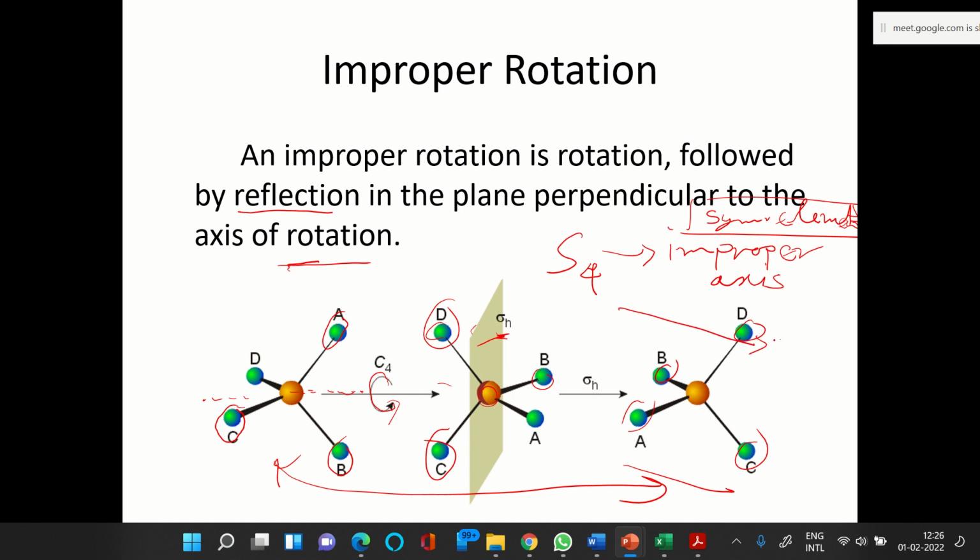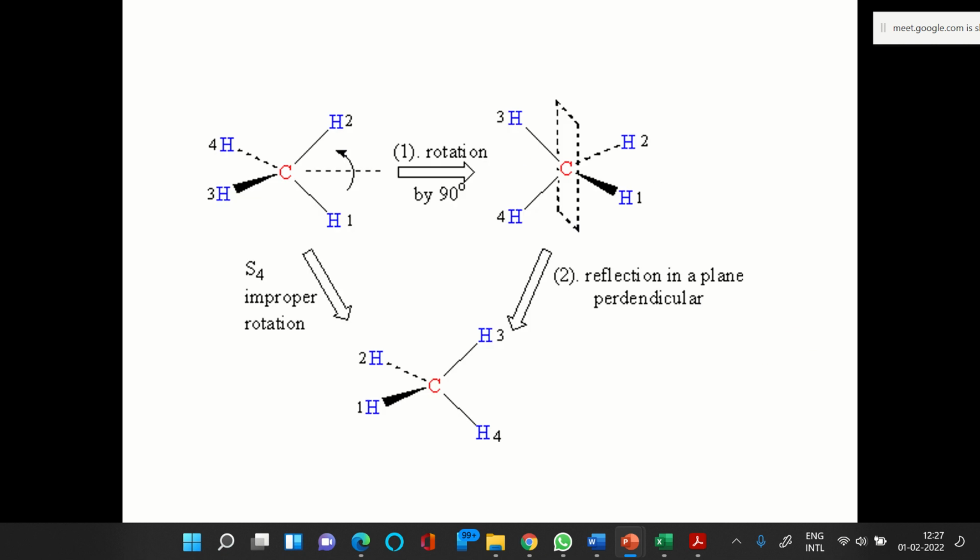So this is the same thing. Improper rotation is the name of the operation that we carry out. Okay, so overall name. So this is what we mean by improper rotation. So CH4 molecule has an improper axis of rotation, which is this.